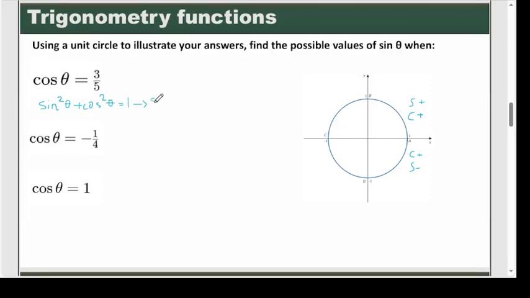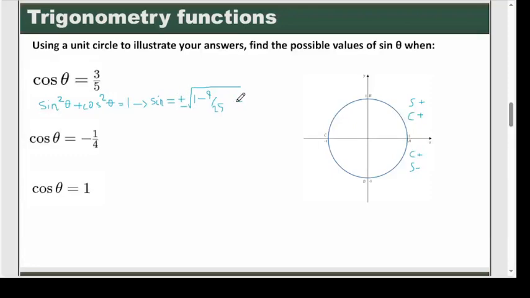So I say sine would be positive or negative the square root of, I bring cosine to the right side and then take the square root of both sides, which would be 1 minus 3 over 5 to the power of 2, which gives me 9 over 25, and then I take a square root, which gives me positive or negative.